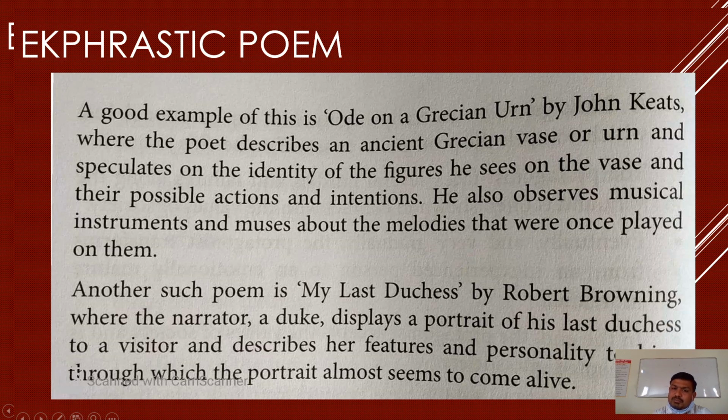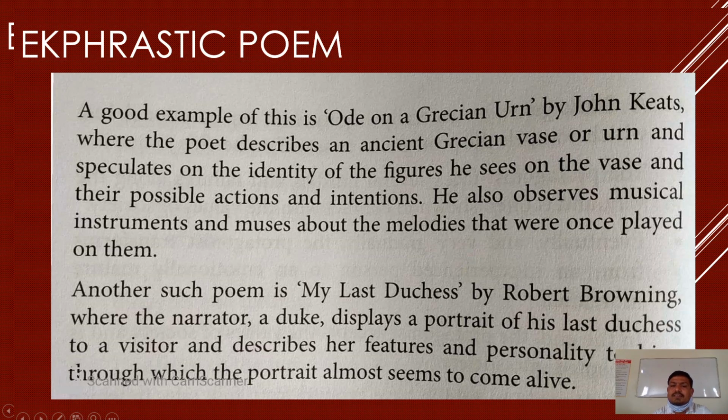See, in that poem, there is a picture on one pot. Pot means a vase or urn. On that urn there are pictures, and the poet or speaker of that poem is thinking, introspecting, trying to identify them and their motives, their intentions, their actions.